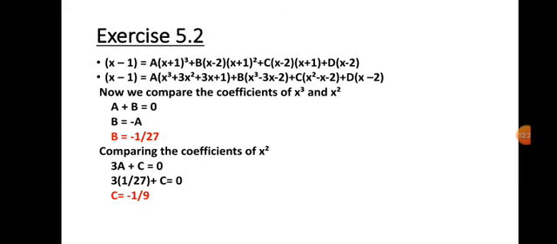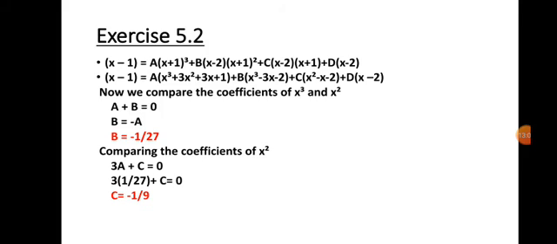So the coefficient of x square is 3a, and in the second term the coefficient of x square is missing, so we leave it, and in the third term there is c, the coefficient of x square. So we have only two coefficients of x square on the right hand side, that are 3a plus c is equal to 0, because there is no coefficient of x square on the left hand side.